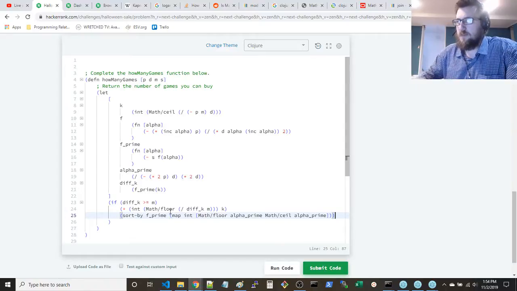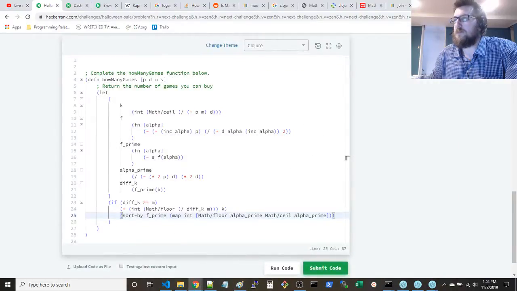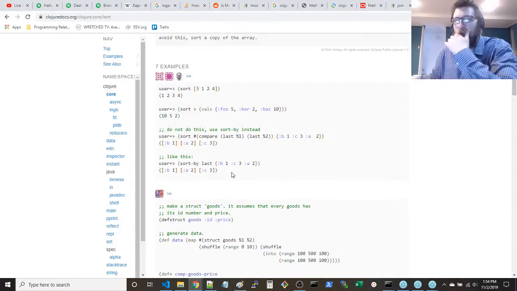And what we want is, what does the sort by do? 1, 2, 3. So the value at the end of the key is going to be ascending, which means the smaller one will be first, yeah, which is what we want.